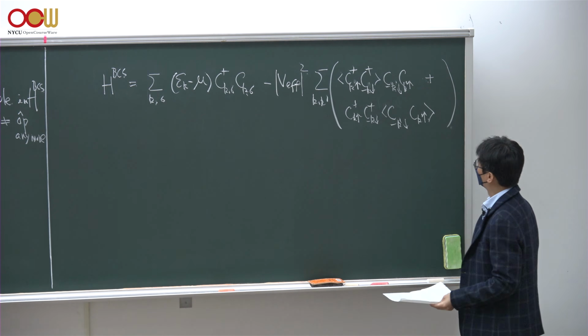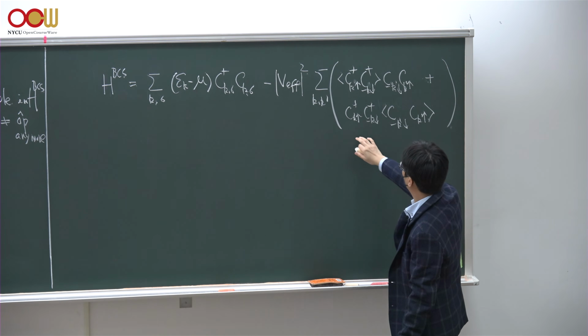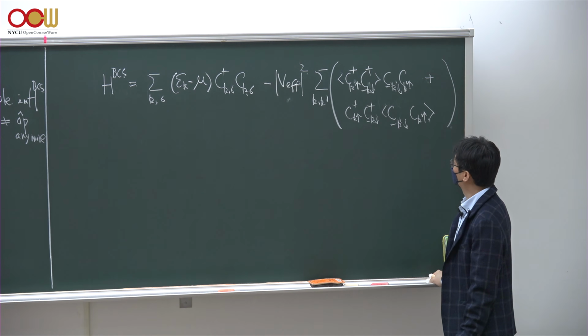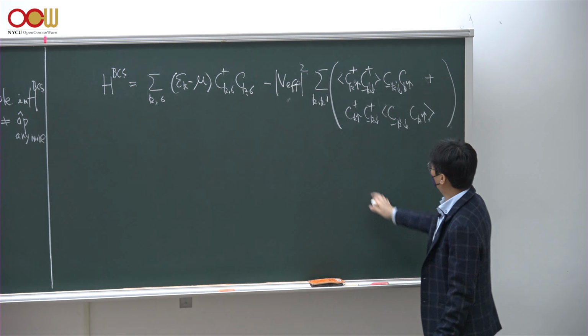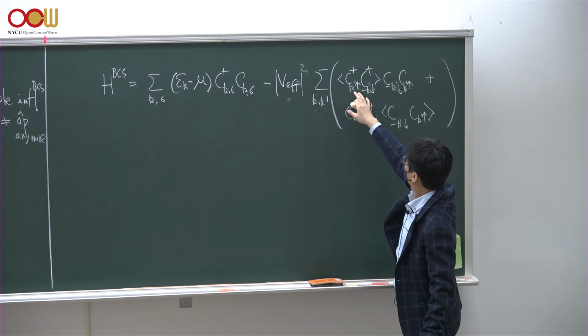All right, so the potential term consists of the constant potential strength, and inside the summation over k and k prime, we have the mean field approximation.